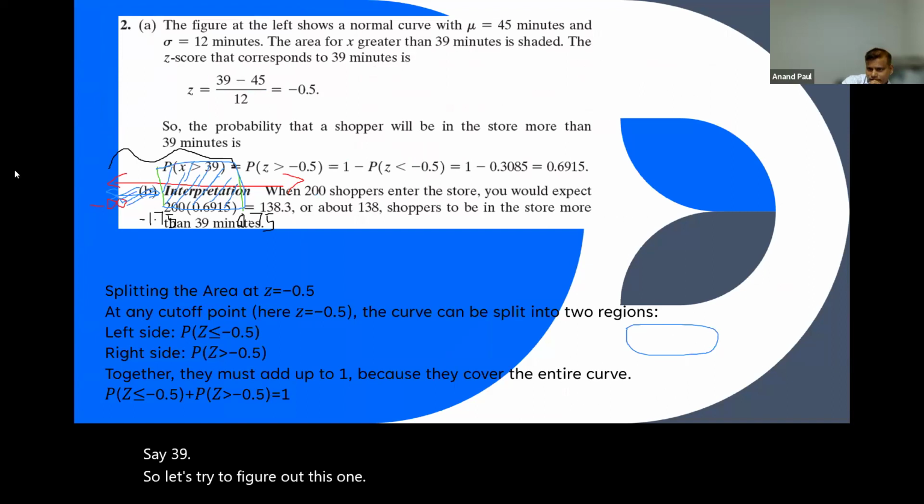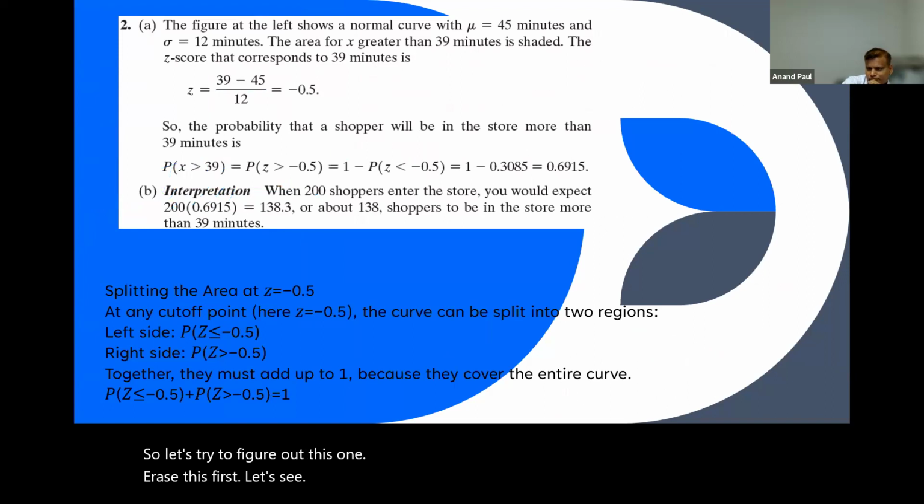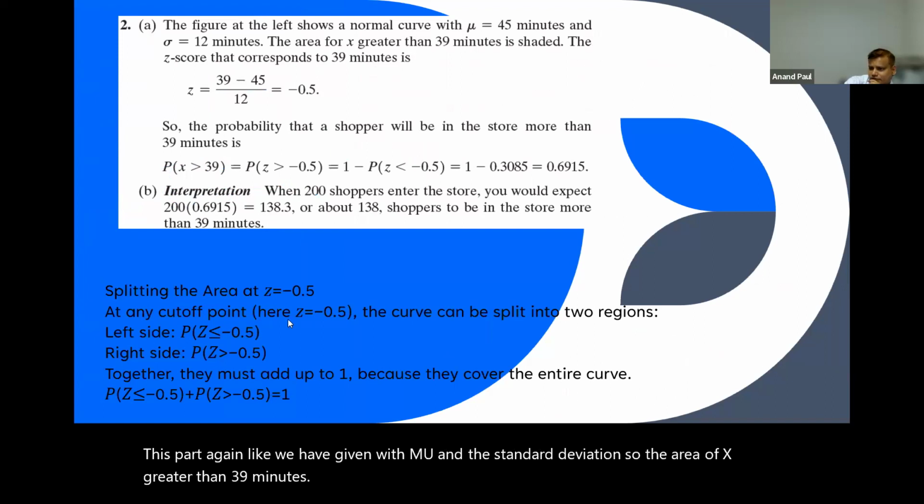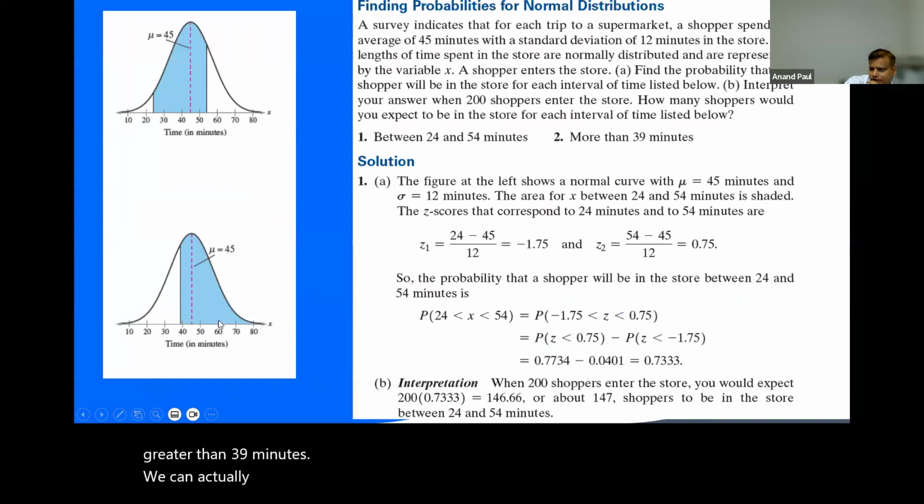Let me erase this first. Okay. So here, as you can see, we are looking at this part again, given with mu and the standard deviation. The area of x greater than 39 minutes, we can see that shaded area here, right?